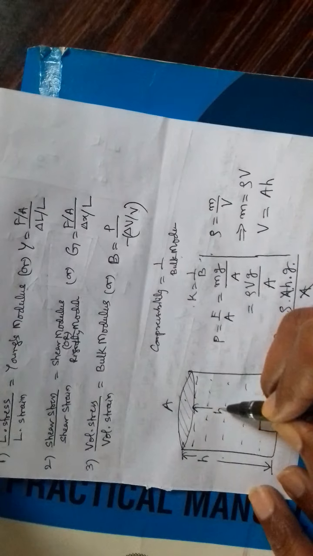Suppose you want to find the pressure on this body. You take the h value from the surface of the water to the body surface. You consider only this water column; only this water column will be exerting pressure on the upper surface of the body.